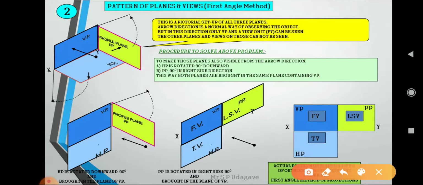When we see the object from the left hand side, the projection comes on the right hand side, so that is called the left hand side view.